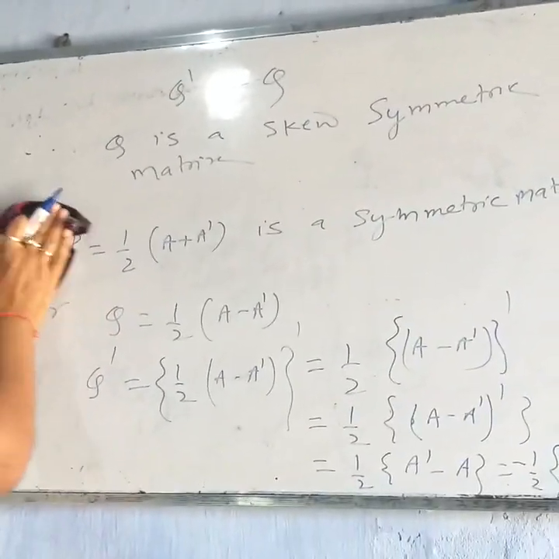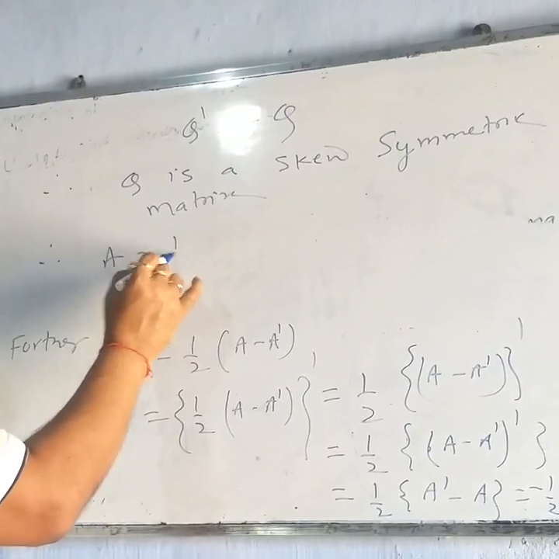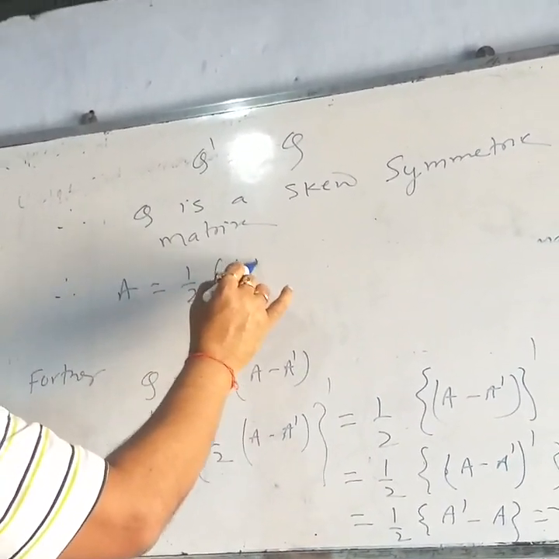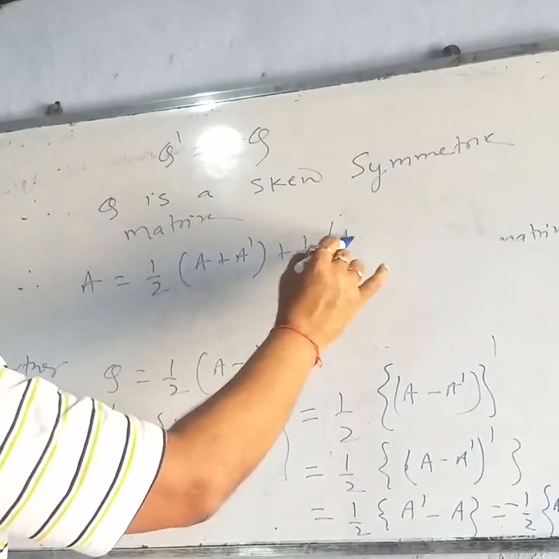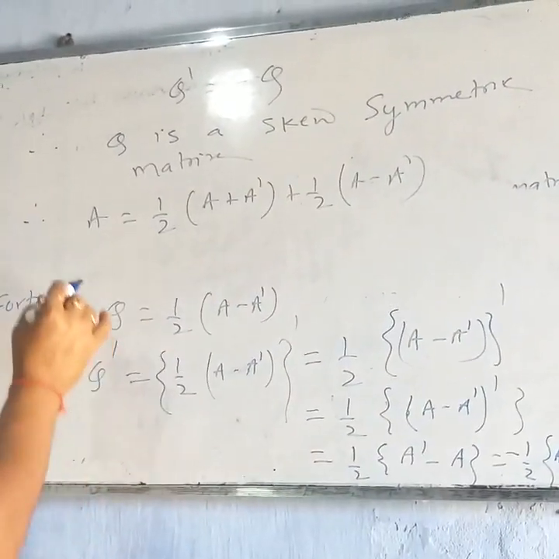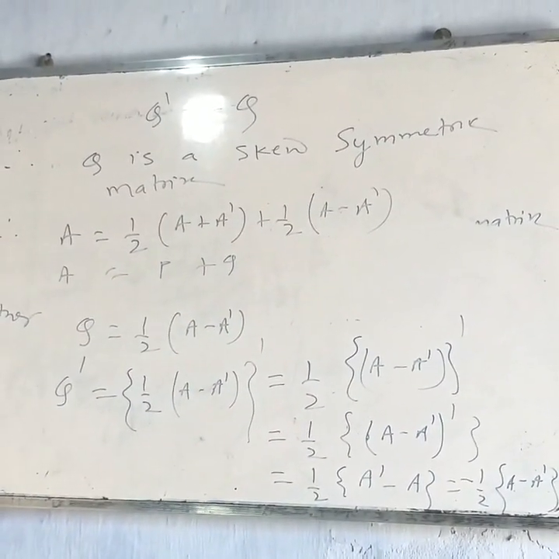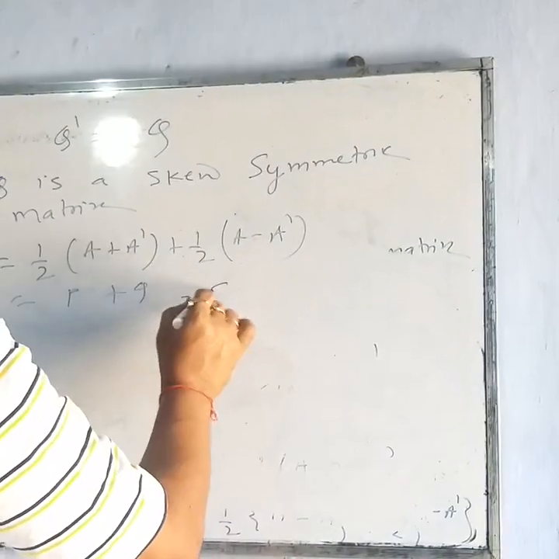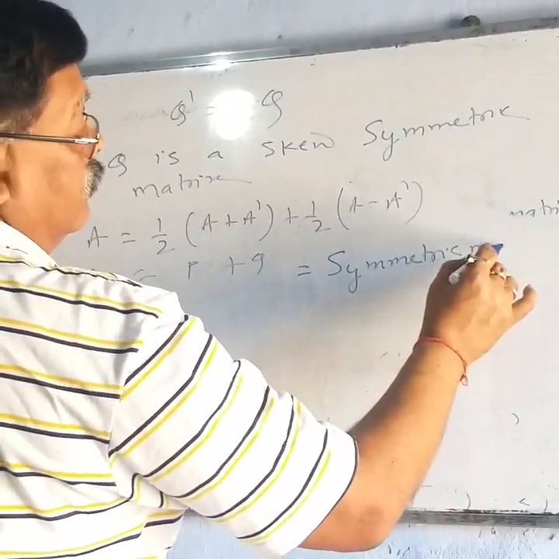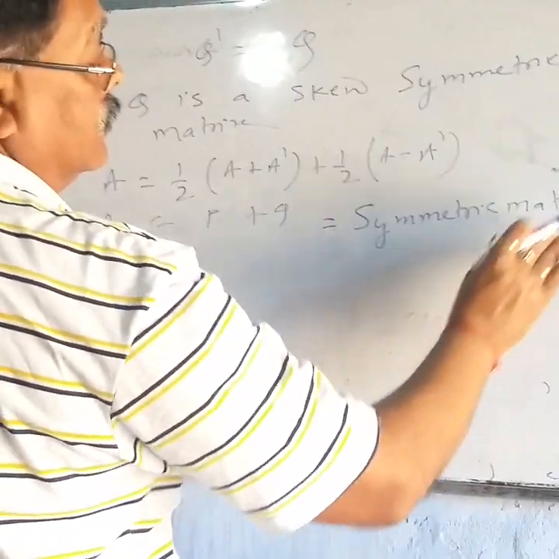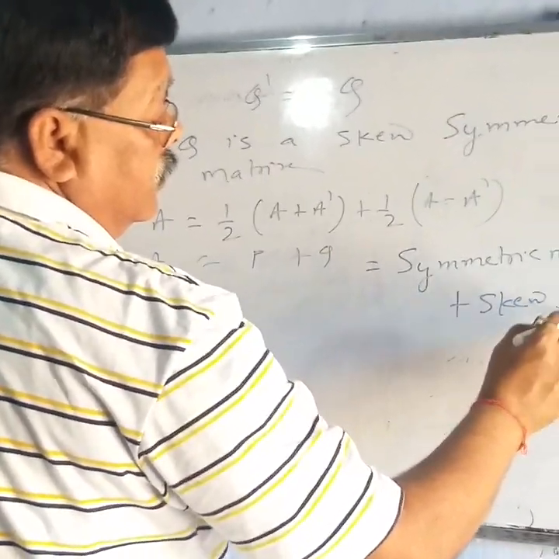And therefore A equals 1 by 2 A plus A transpose, plus 1 by 2 A minus A transpose, that is P plus Q, that is a symmetric matrix plus a skew symmetric matrix.